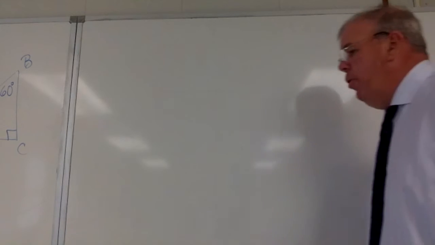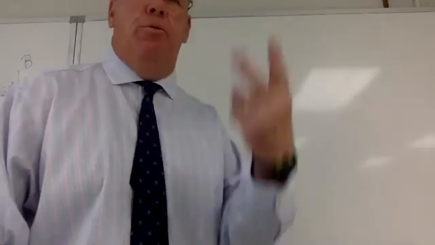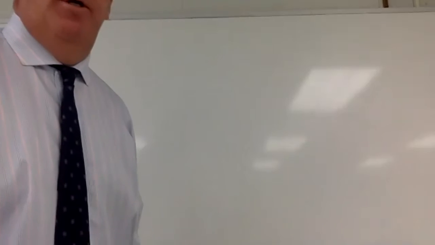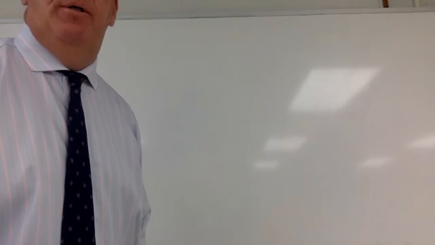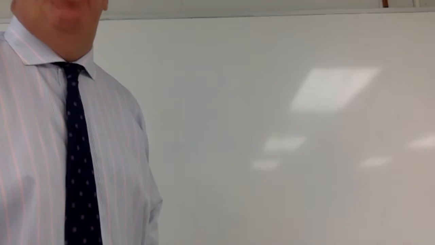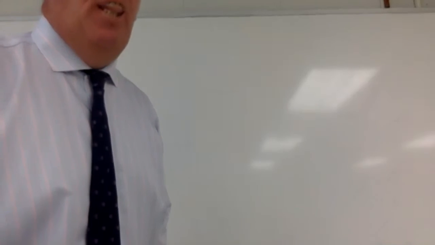We need to know we have a right triangle, but we need to know 2 of the sides, don't we? Yes. All right. What if we don't know 2 of the sides? Let's say we only know 1 of the sides and we know some other information.